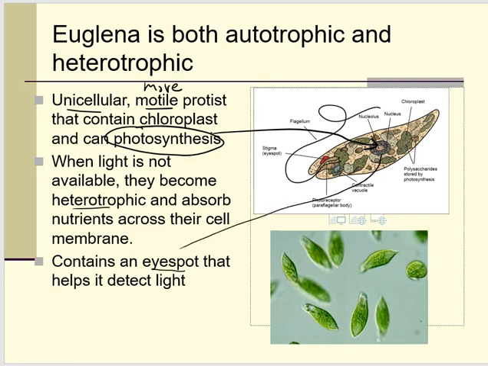That eye spot detects the light. It's a sensor for light. So when the sun comes up, these all come to the surface. Makes them prey for other organisms, but also gives them an easy way to recharge their batteries. Okay. So that's plant-like.